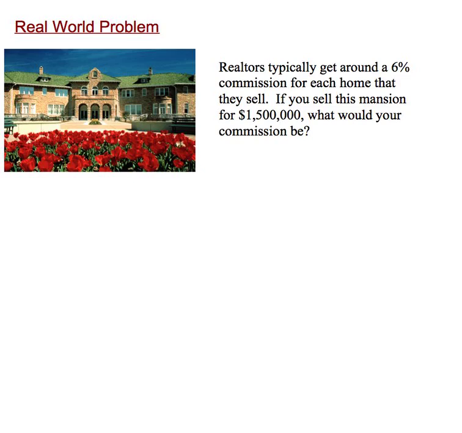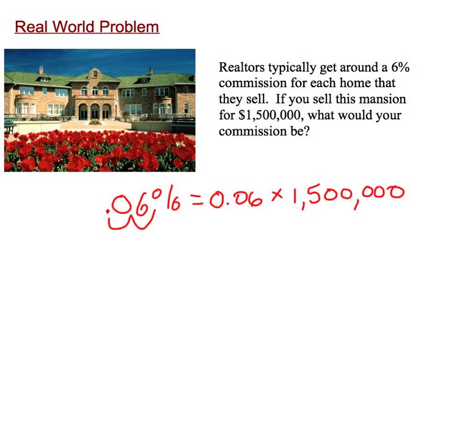So we take our commission rate, 6%, and we have to turn that to a decimal. Well, we move it 2 spots to the left. There's our new decimal point. Oh, there's an open space. We fill it with a zero. So we get 6% times $1,500,000. And if we take out the old calculator and work that out, we get a nice healthy commission of $90,000.